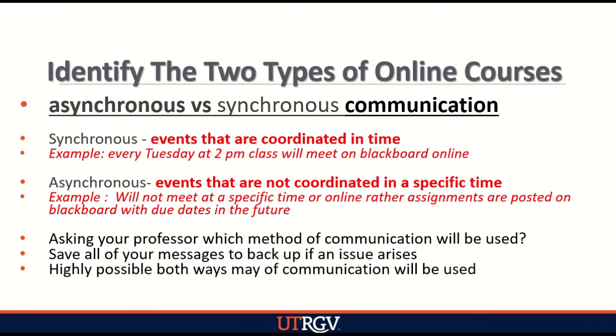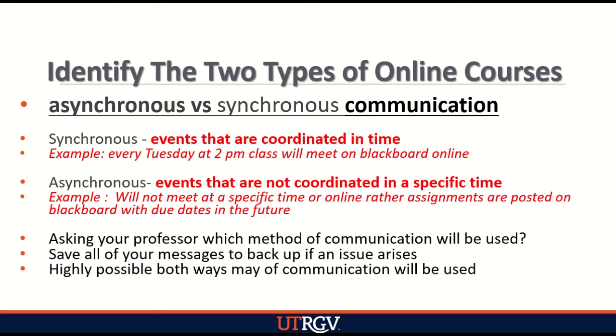First thing, though, is we need to identify the two types of online courses. And the two types are asynchronous versus synchronous communication. Let's start with synchronous. Synchronous typically are courses for graduate school, professional, higher ed courses, or professional development, mainly for your graduate courses.